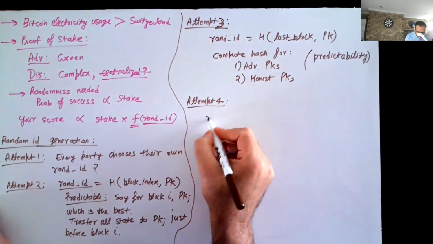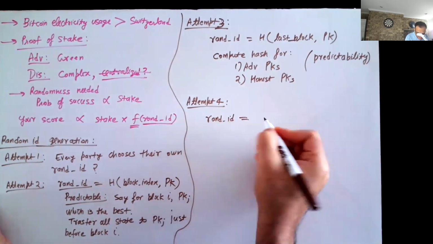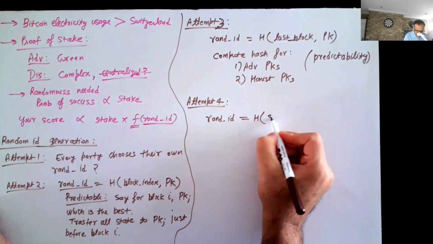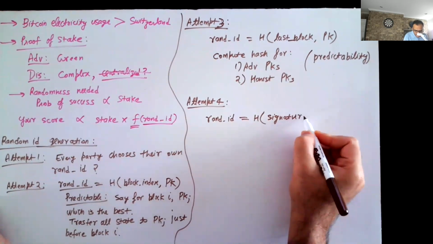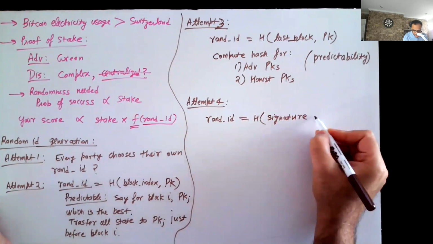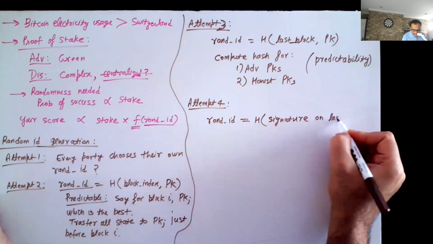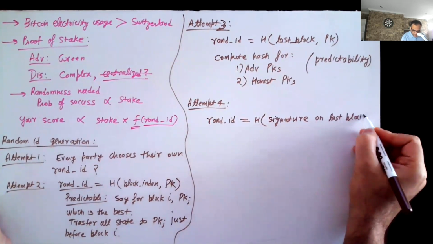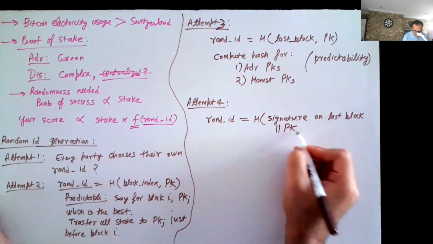So your random ID is the hash of, in some sense, your signature on the last block appended with your public key.